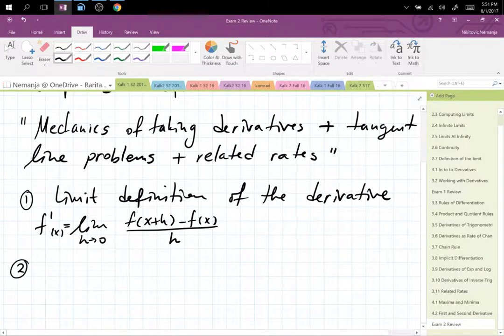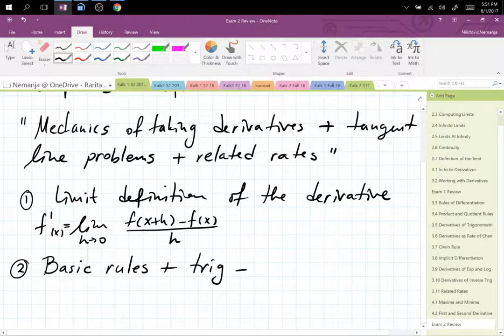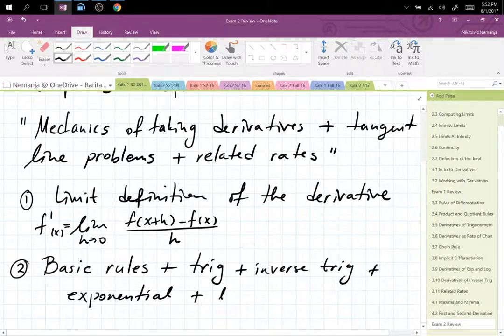Then we have all the basic rules, the shortcuts, right? So basic rules, which include plus trig, plus inverse trig, plus exponential, plus log.